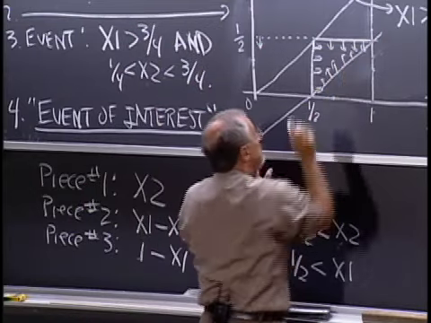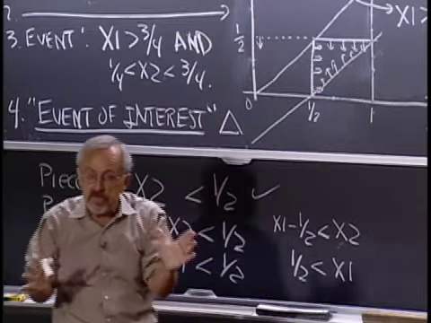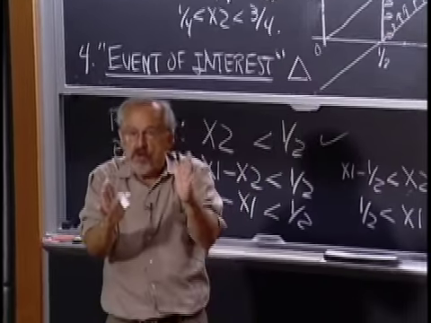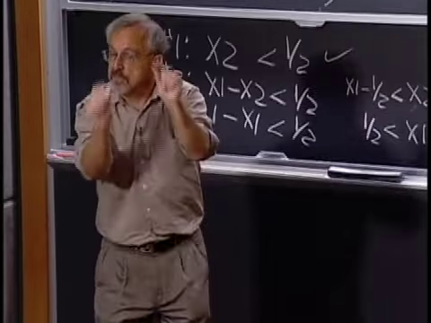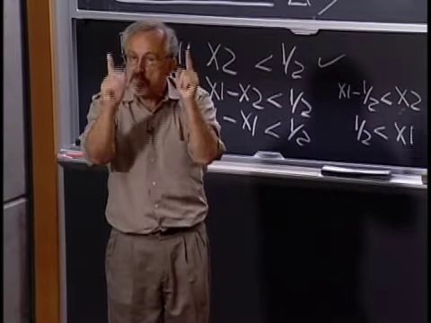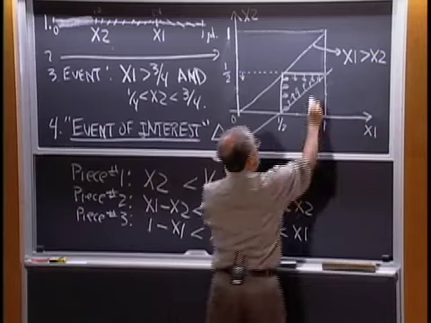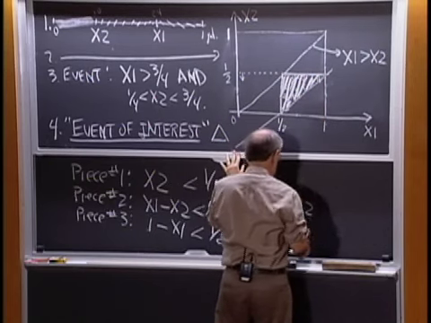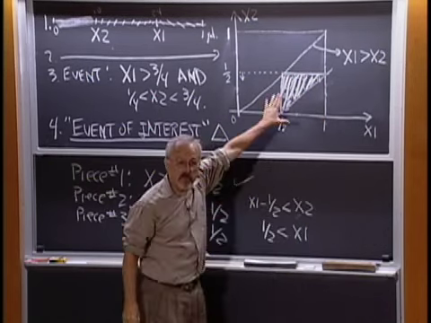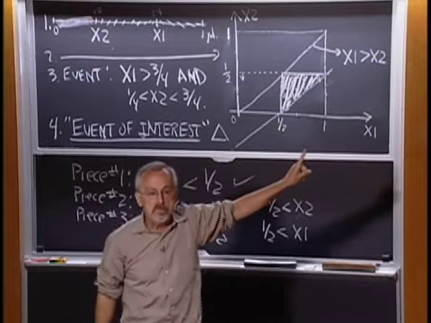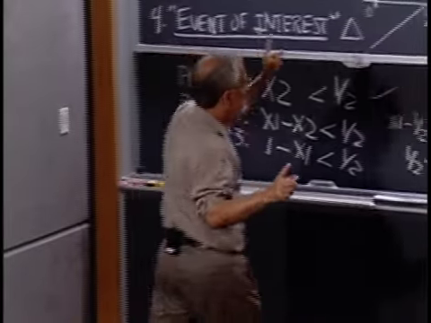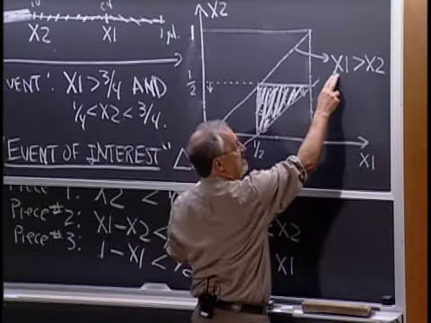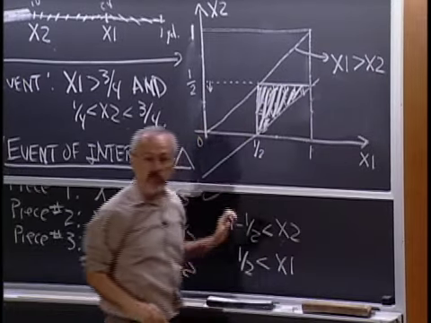Okay? So we have three constraints, and we have to look for the intersection of those three constraints, the set of points where each of the three constraints works. What is that? That is this triangle right here. That is part of the picture. That is part of the solution. But it's only part of the solution because it characterizes the case x1 greater than x2.